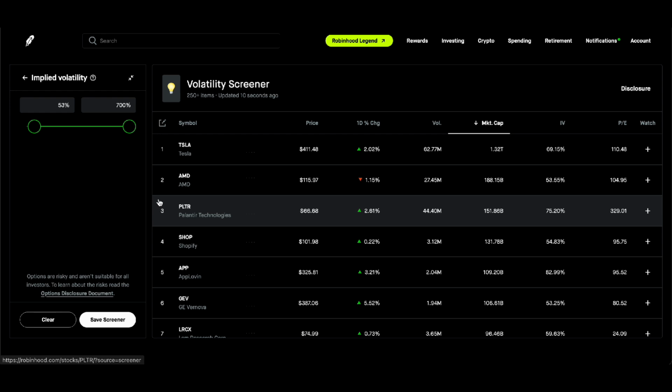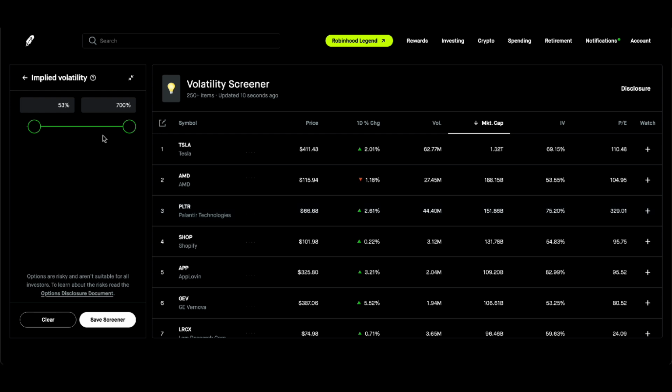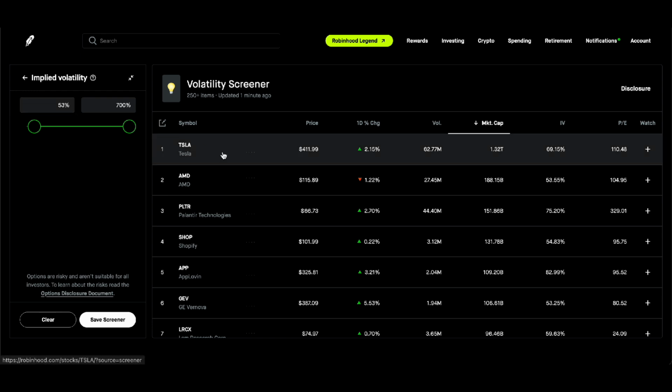Basically, there won't be any juice or premium in trading options on stocks that have volatility lower than 50%. Those are pretty much the standard blue chip companies like Pepsi, Johnson & Johnson, and even some big tech like Apple, Nvidia, and Microsoft, which all have less than 50 implied volatility. So those are going to be filtered out.